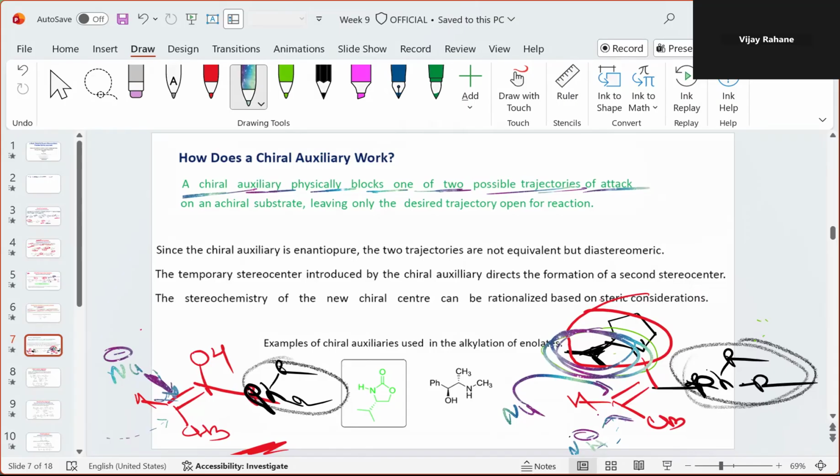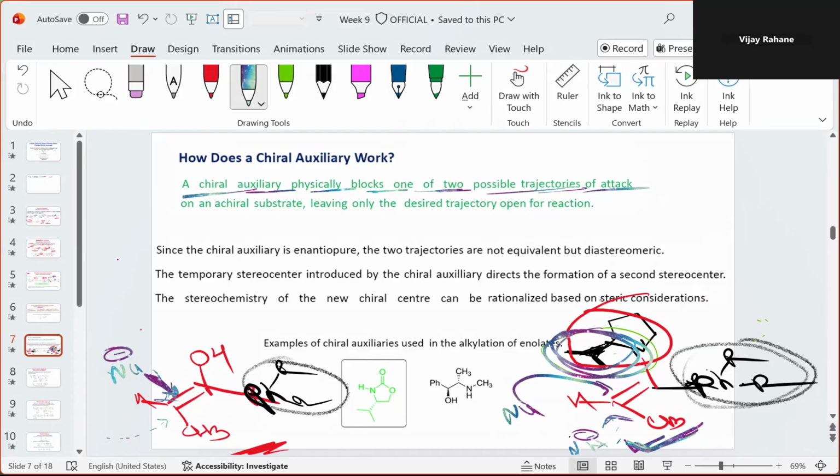Therefore the selectivity is enhanced because of the steric hindrance of the chiral auxiliary, and the attack on the bottom side is the dominant attack, and we get the respective product in this step. So this is how the chiral auxiliary works.